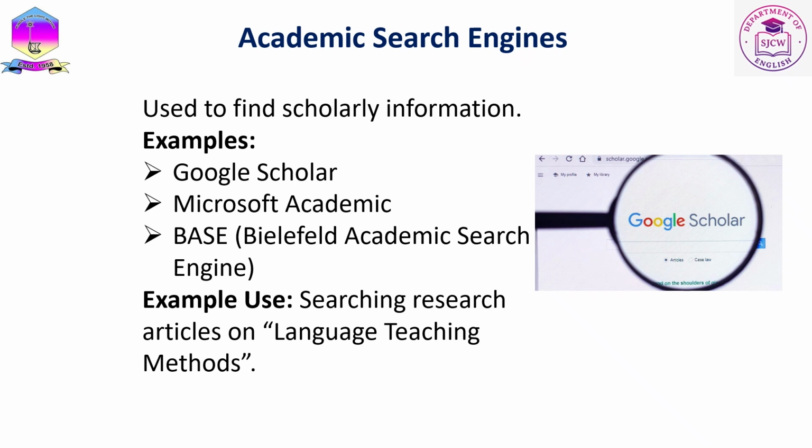These are the search engines where you get research articles and research citations, which you can quote in your paper. For example, searching research articles on language teaching methods. You give a proper prompt to your search and type it accordingly. You get your research paper as it is.